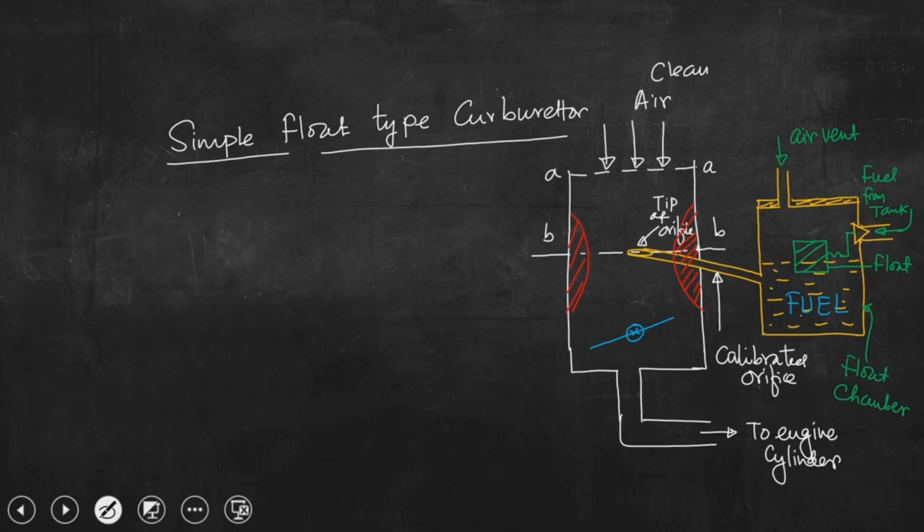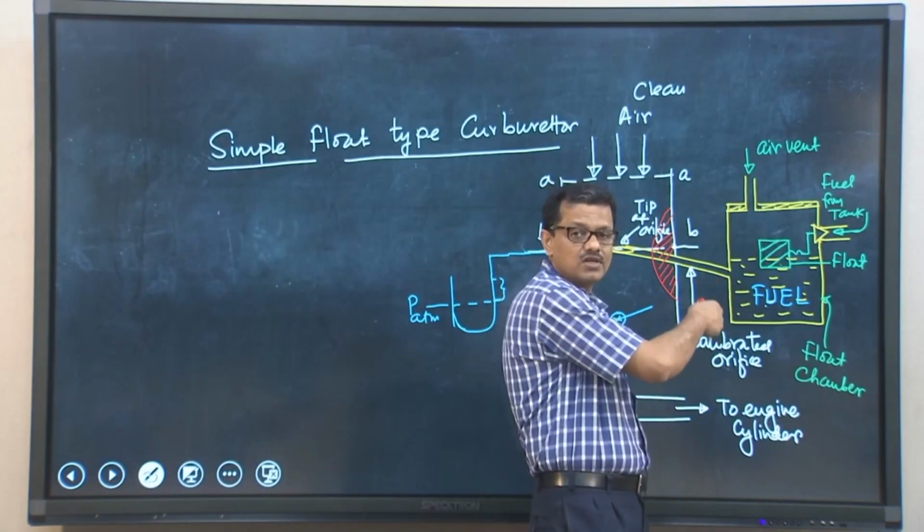So, this is P atmospheric, and pressure at this junction will be less than atmospheric by this height, and we can measure the pressure by measuring the rise of the manometric liquid in this U-tube manometer, and we can calculate the pressure drop, and whether that pressure drop is sufficient to have flow of fuel considering fuel viscosity, surface tension, etc.